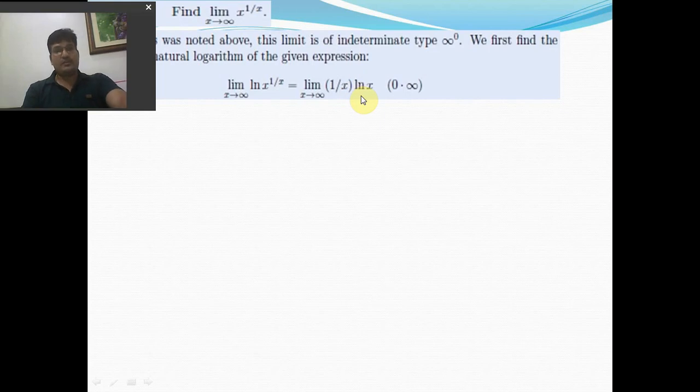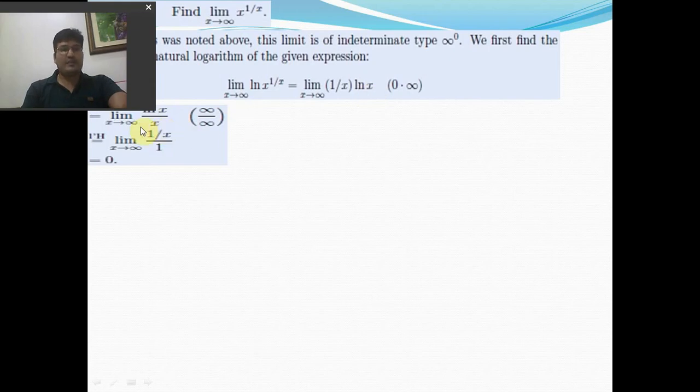If we put the limit x is equal to infinity here directly, we will obtain 0 into infinity form, again indeterminate form, but not of the type of L'Hopital rule. So this expression can be written as limit extending to infinity, log x into 1 upon x can be written as log x upon x.